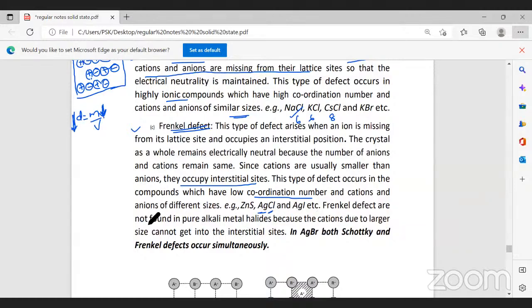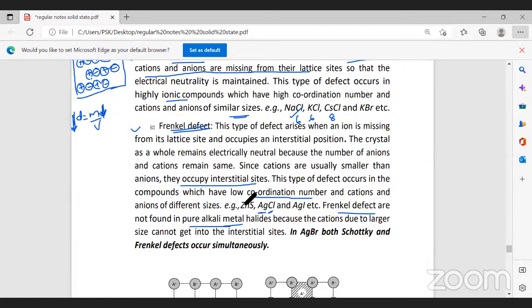So Frenkel defects are not found in pure alkali metals. Potassium, sodium, cesium, all these are alkali metals. Frenkel defect is not observed in alkali metal halides because the cations, due to their larger size, cannot get into the interstitial position.